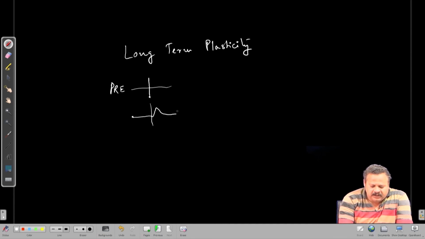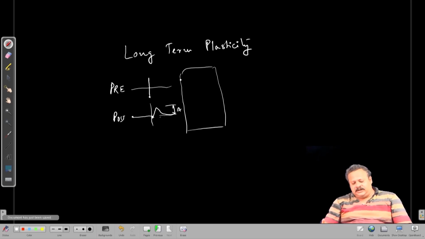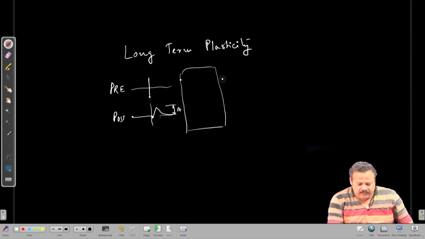Again, let us say it's a millivolt height or a height of A. So this is the postsynaptic side. Now again, we do some sort of manipulation to the activity of input and output, or just input, it depends. And then again we do the measurement, that we have a presynaptic spike, and postsynaptically we measure the postsynaptic potential.